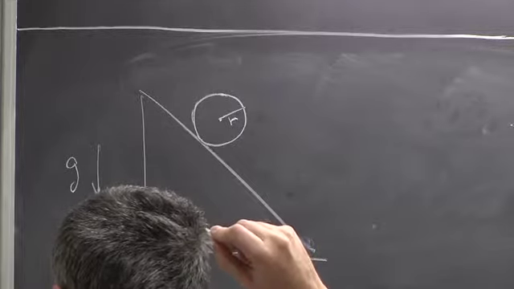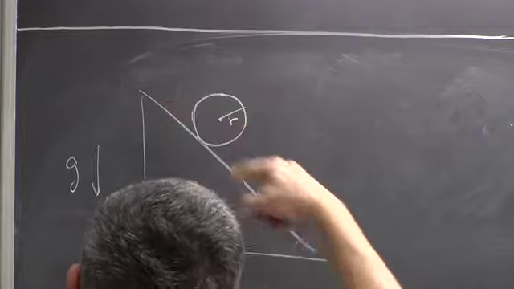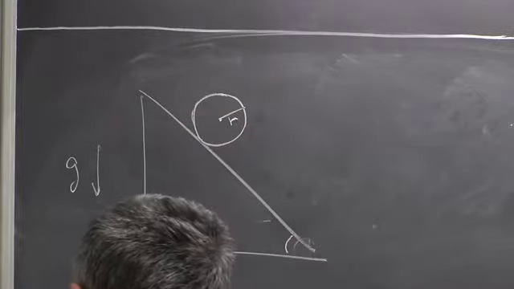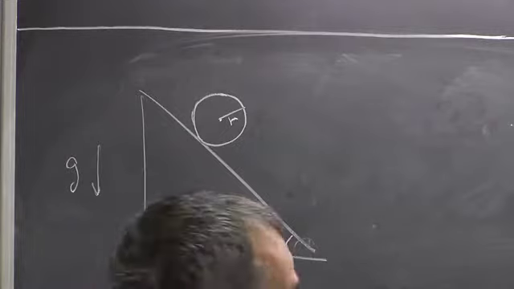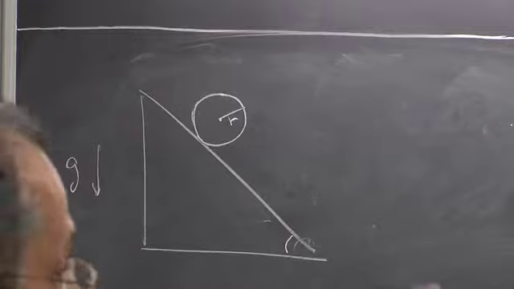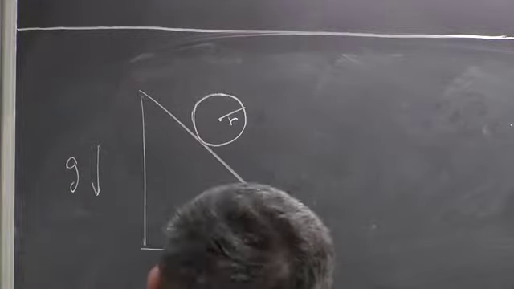Okay, and that is rolling down the plane without slippage. So, again, you have the constraint that I've written before.